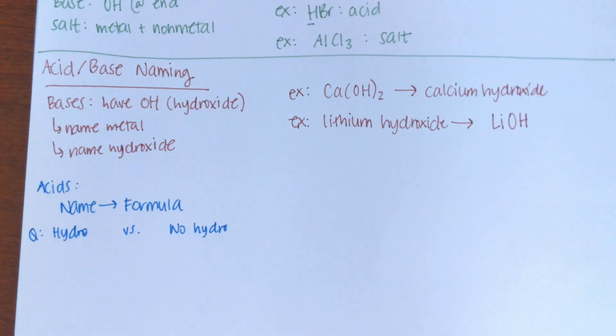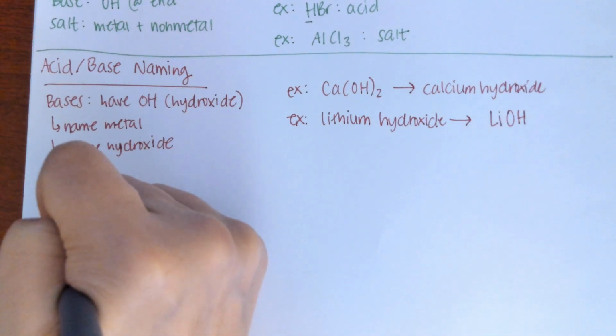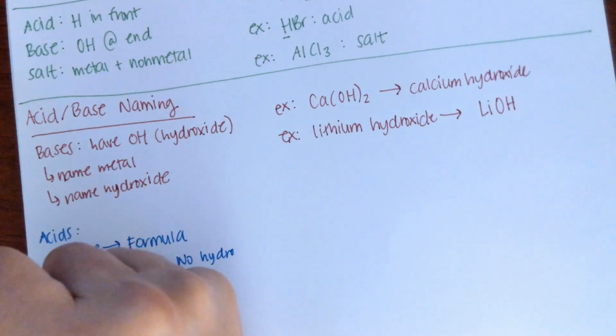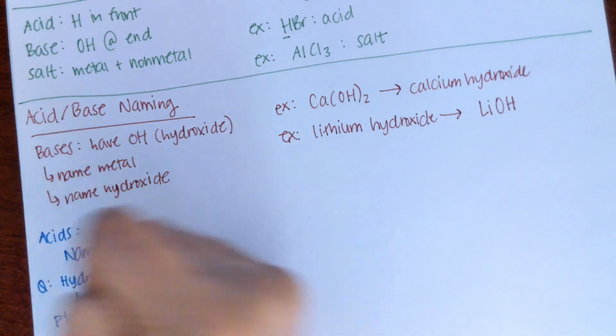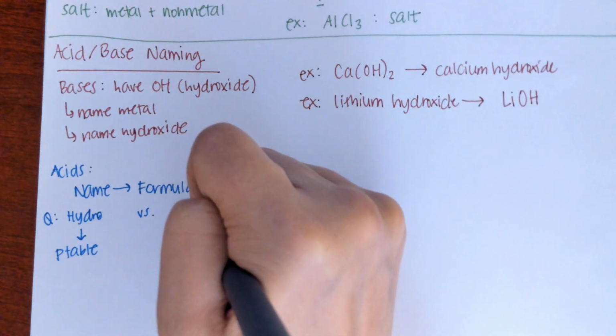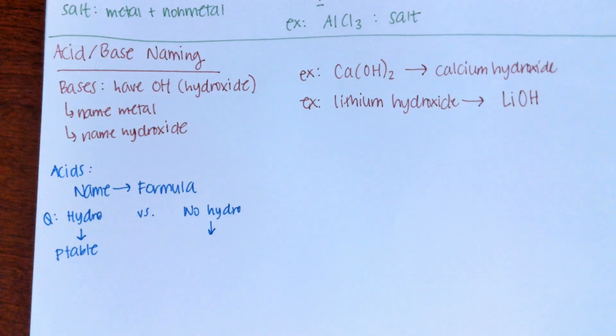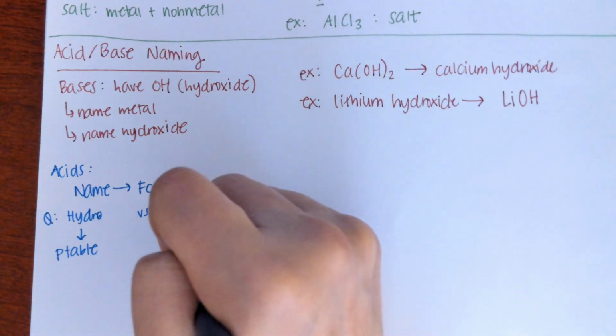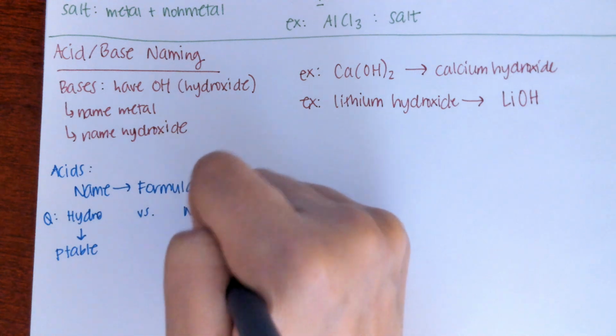If there's hydro in front, the formula comes from the periodic table. So I'm going to say P table. And if there's no hydro, it comes from where? The back of what? I'm going to say the polyatomics, so like your special list.